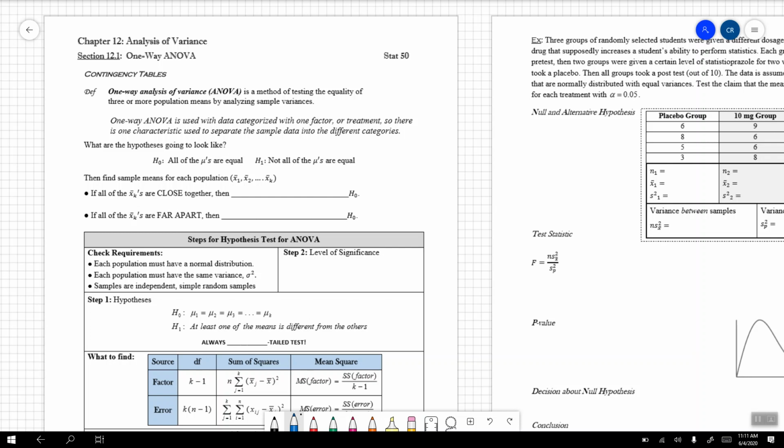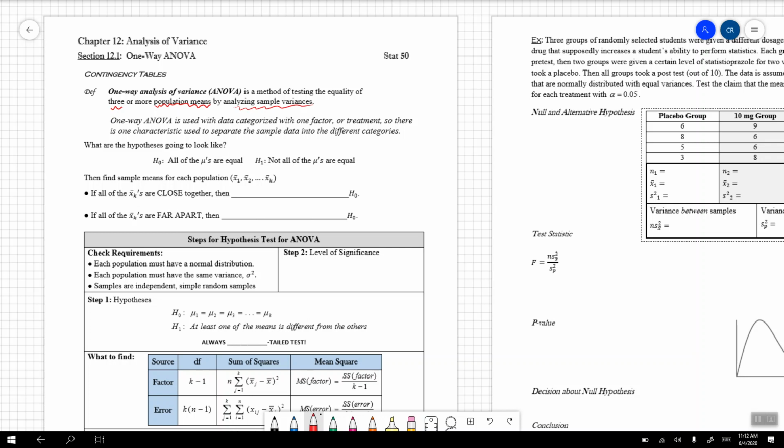So a one-way ANOVA is defined as a method of testing the equality of three or more population means. Here is where we're testing to see if the means of three or more populations are going to be equal or not, and we're going to do that by analyzing sample variances.